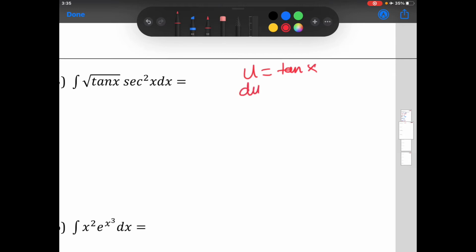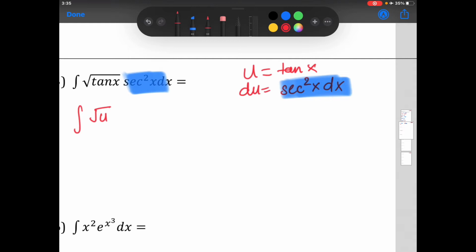So u is tan x, so du is going to be what? The derivative of tangent is secant squared x dx. So I'm going to replace this with this. That's pretty straightforward. This is a very straightforward question. Square root of u du, and square root of u is the same thing as u to the 1/2 power.